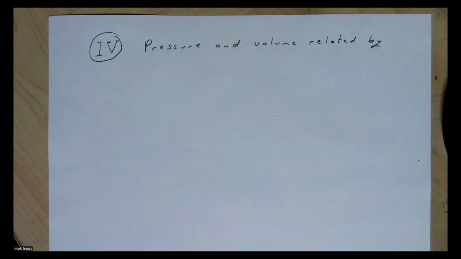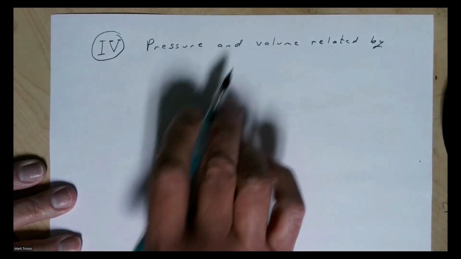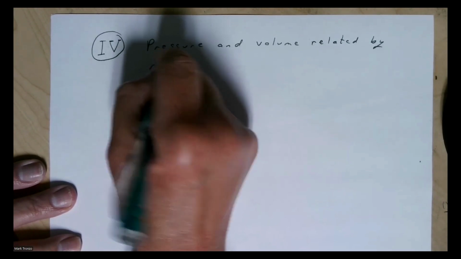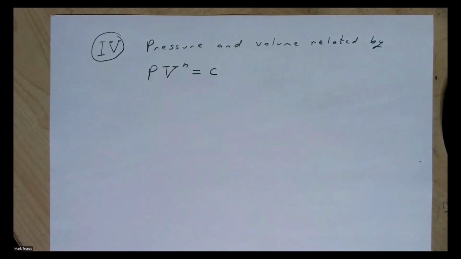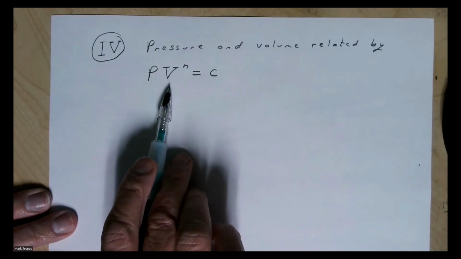And case 4 is the case when you have the pressure and volume related by PV to the N equals C, like this. Again, pressure and volume related by this. Now, N is a polytropic index.